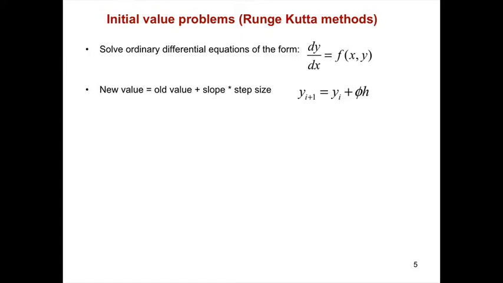So the first and simplest way to do that, just heuristically, is okay, I have this new value at the new point that is h away from my old point. I'm just going to give myself that new value as some old value that I had previously. It could be the one that I'm just starting from. And plus some slope times h. So this is the simplest thing I can come up with.